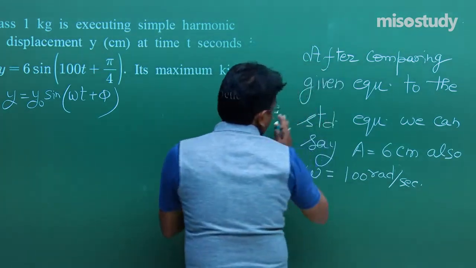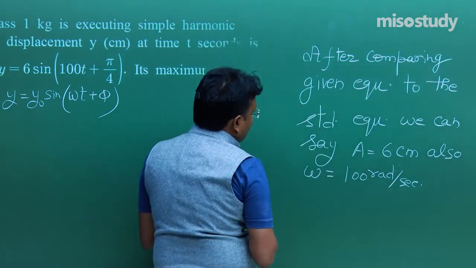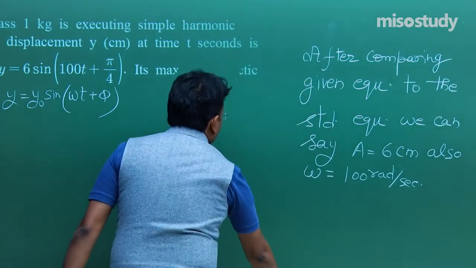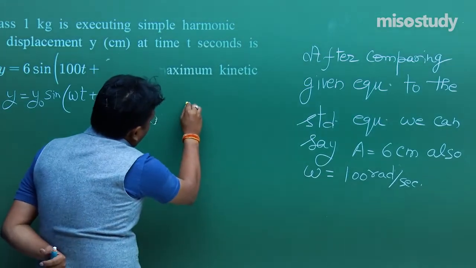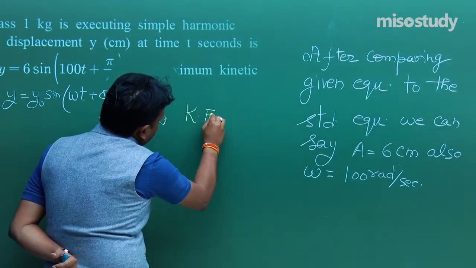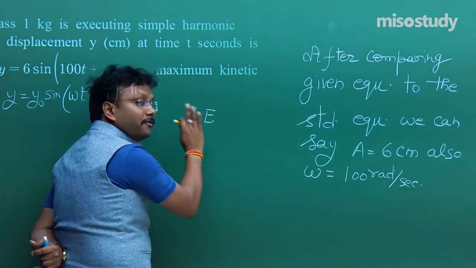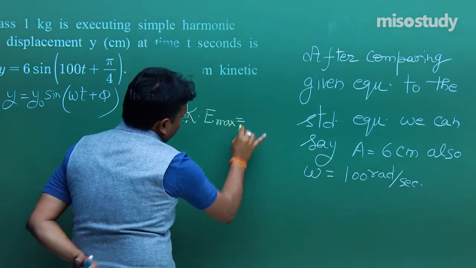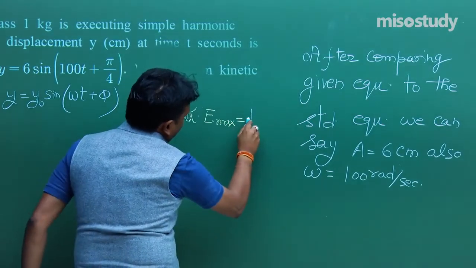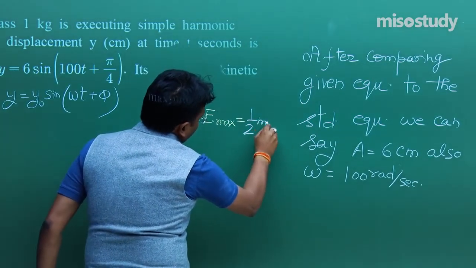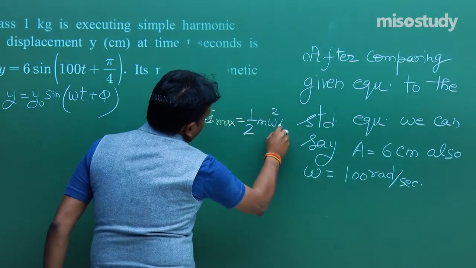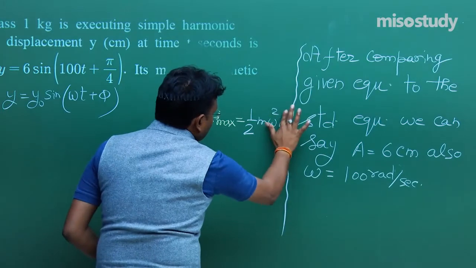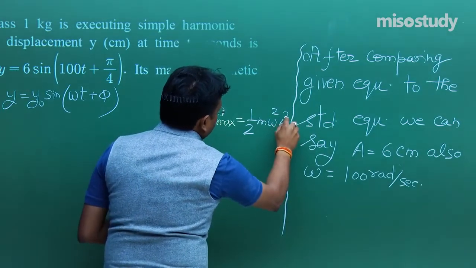So, as a separate explanation, just for the sake of the formula, for your reference, kinetic energy maximum is given by half m omega square a square, okay. This is your formula.